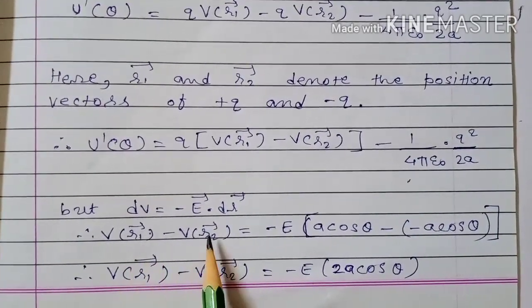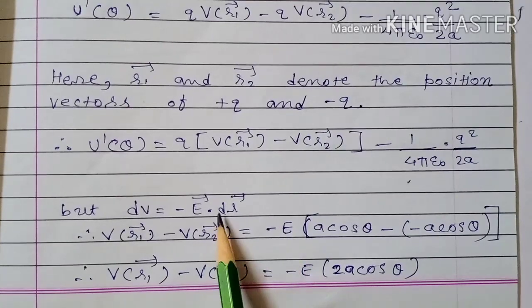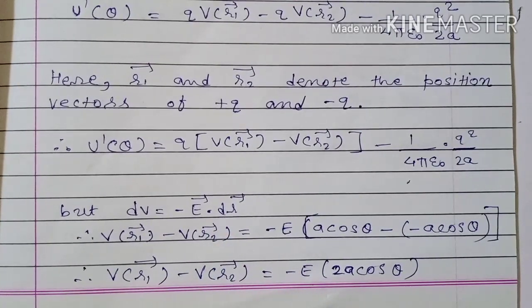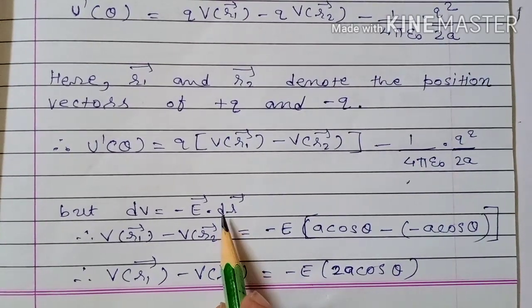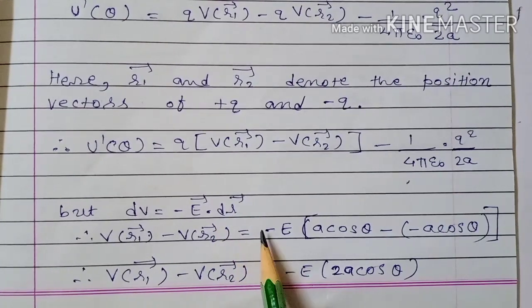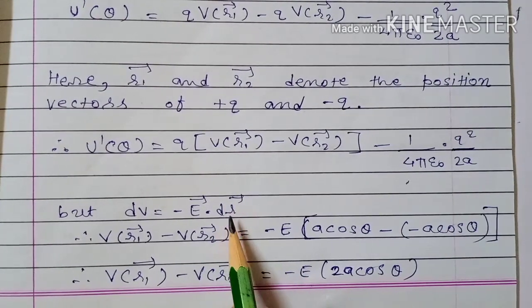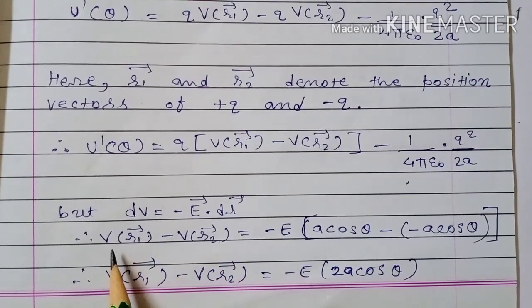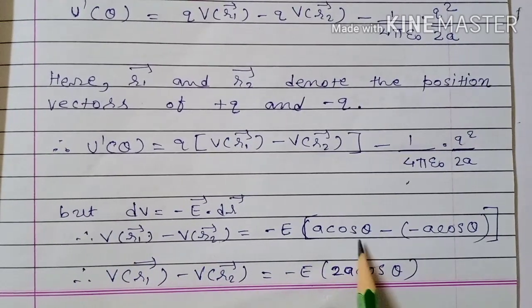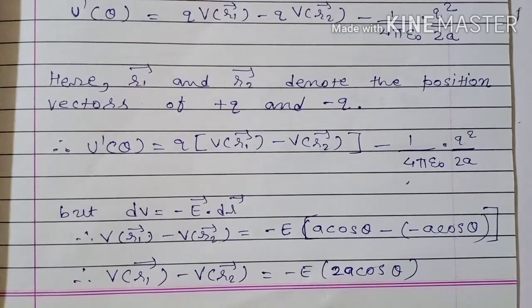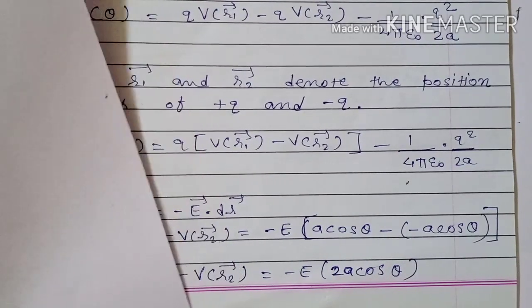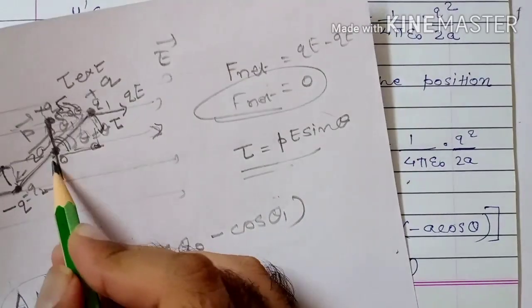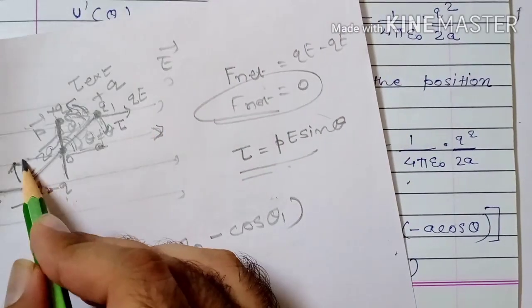So this is minus E dot dr vector, where dr vector is the displacement. So minus E into, here also we have to take R1 minus R2, because we have taken V(R1) minus V(R2). Therefore here we have to take R1 vector minus R2 vector. So we have to consider the positions of plus Q and minus Q in the direction of the electric field.